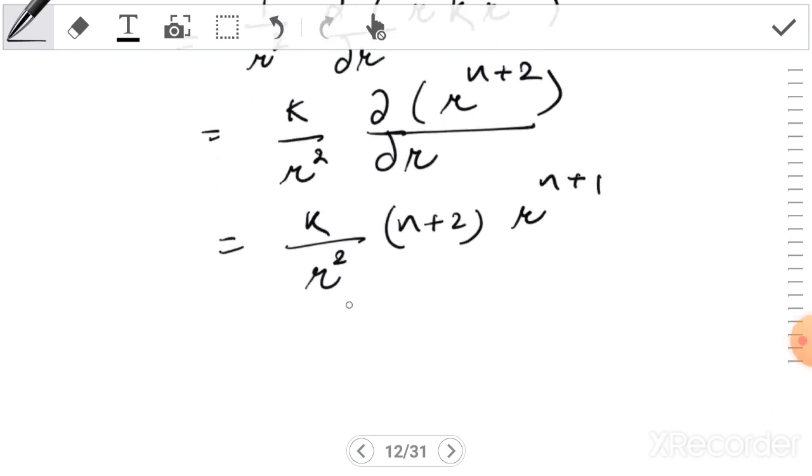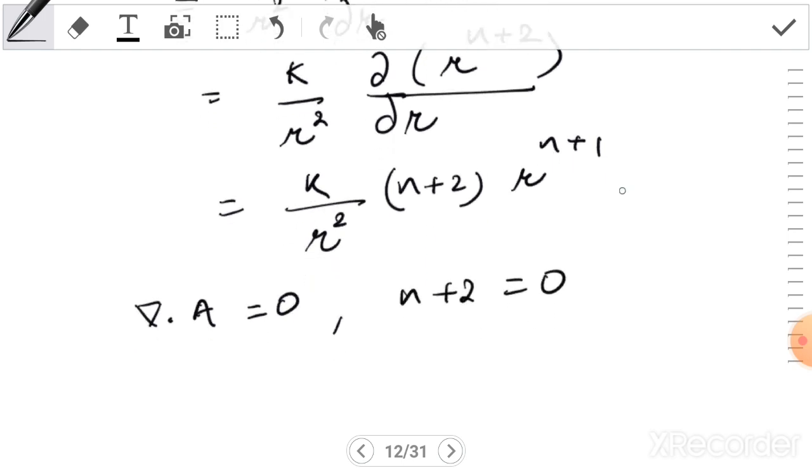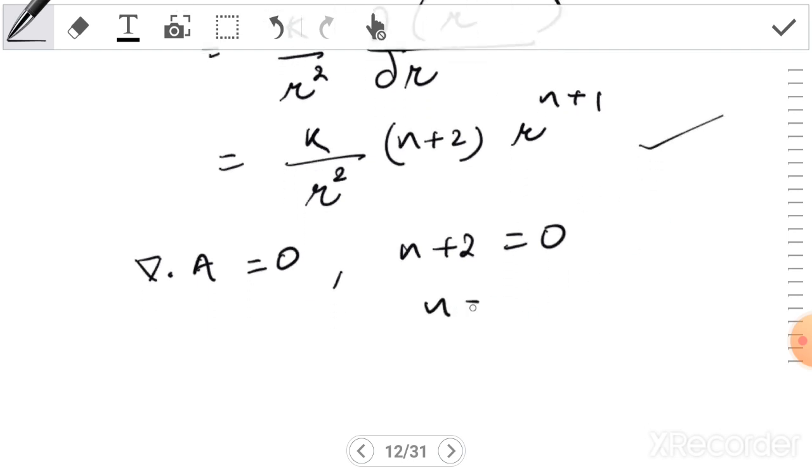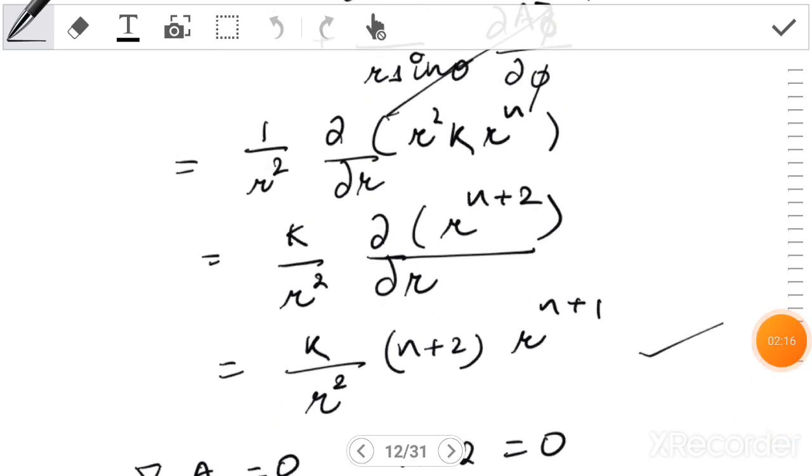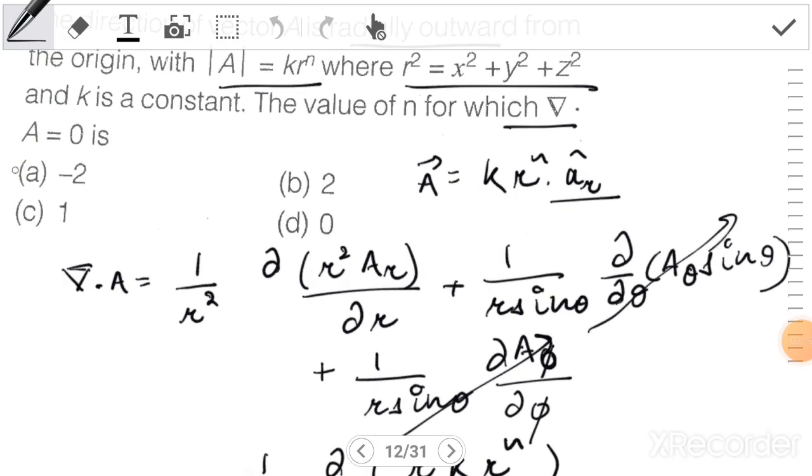So now for del dot A to be 0, n plus 2 must be equal to 0. From this, n is equal to minus 2. Okay, so let's go to the next problem.